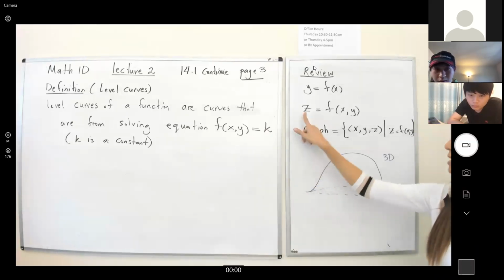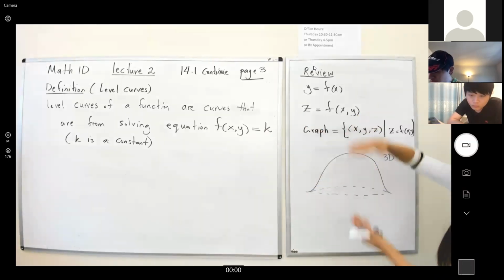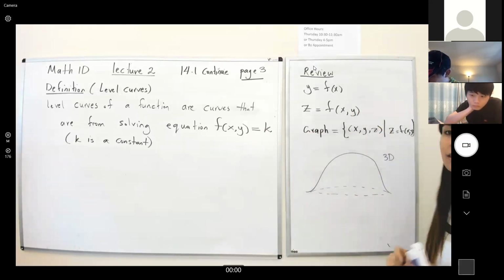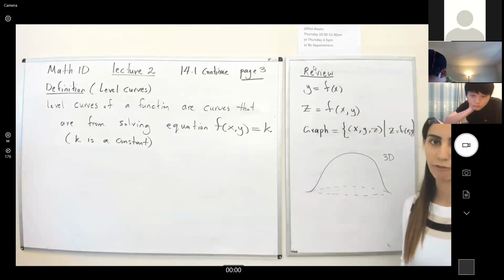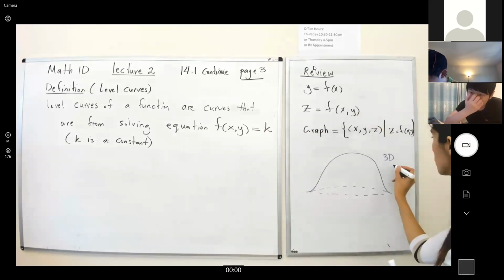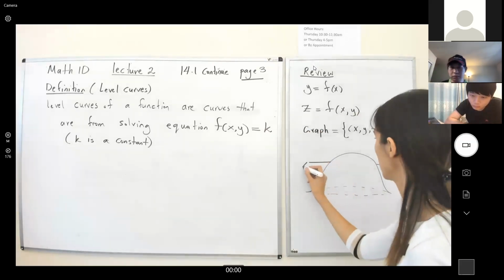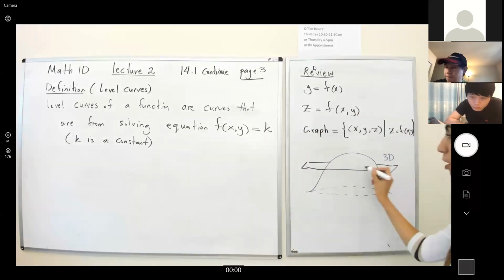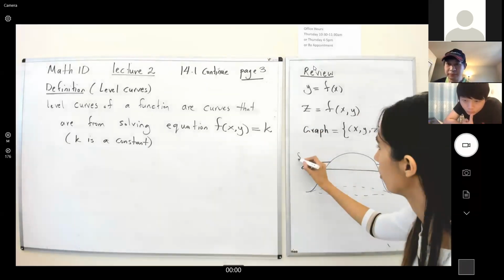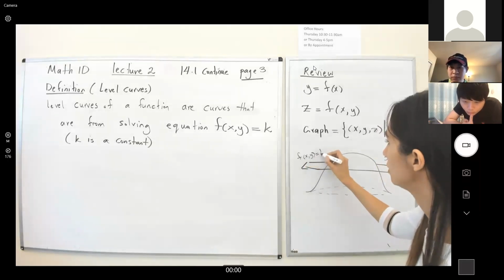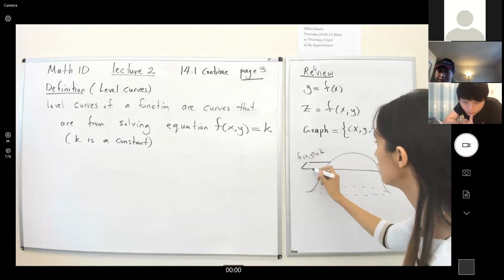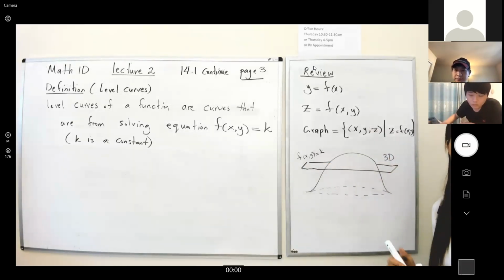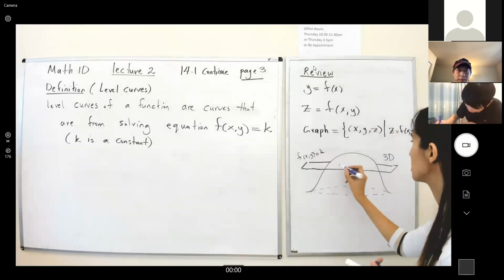You are setting the z, or the height, equal to a constant like k, and you're slicing the graph of the function. The outcome of the slice f of x and y equals k gives you some portion of this graph, which in this case is going to be something like this.